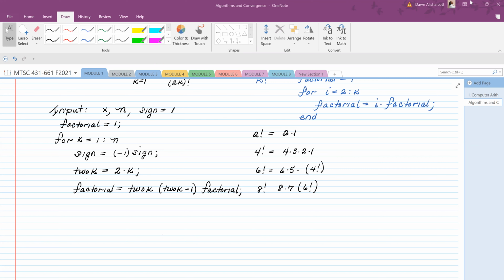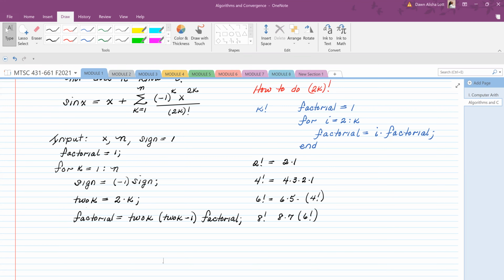So now we know what the factorial is, and so now we can add to the sum.